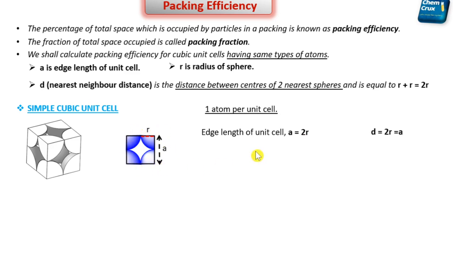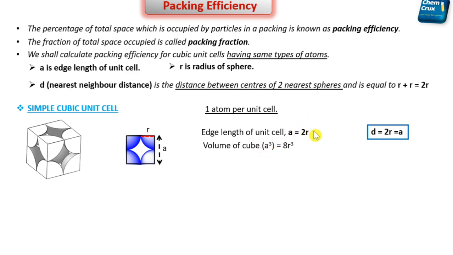Also d is equal to 2r, right? And we have seen edge length of unit cell a is equal to 2r, so we can write d is equal to a, right?